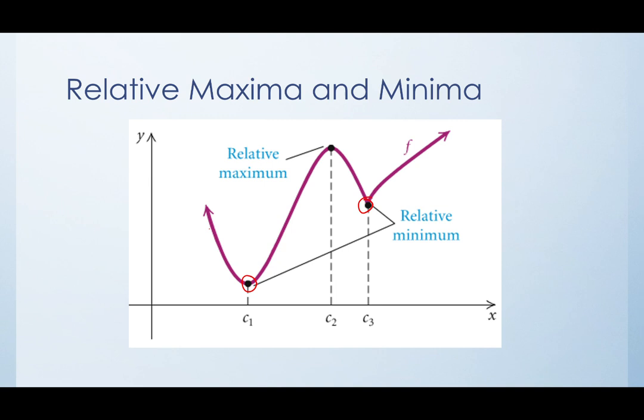And assuming that we're showing all the interesting parts of this function, this part is also an absolute min, because it is the lowest minimum, there we go. It is the lowest point on the graph anywhere. There is no absolute max on here because our graph keeps going up and up and up and up.